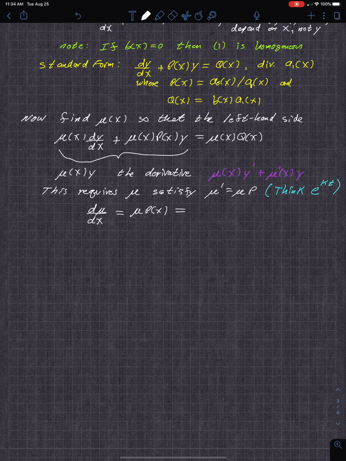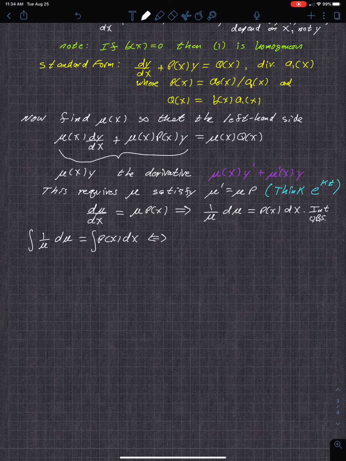So you can rewrite that as 1 over mu d mu equal to p of x dx. Then integrate on both sides, and you have the integral of 1 over mu d mu equal to the integral of p of x dx.